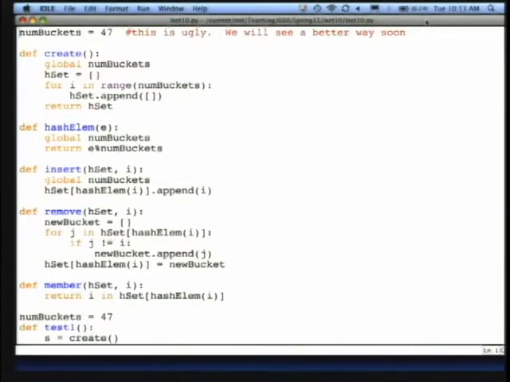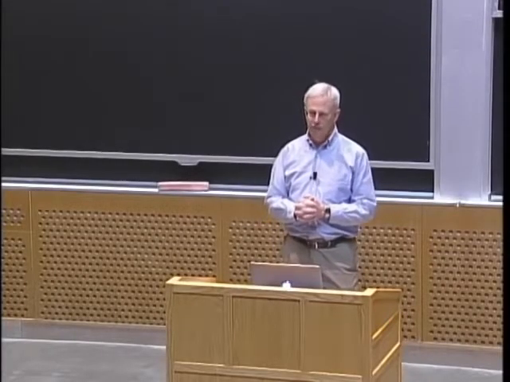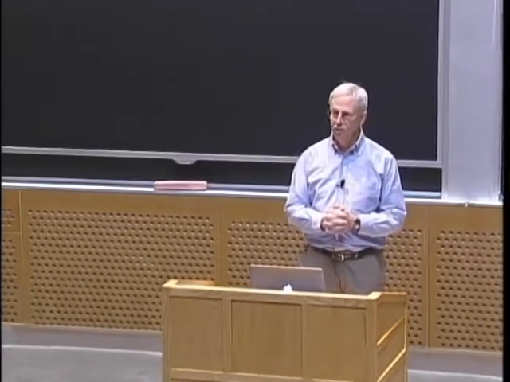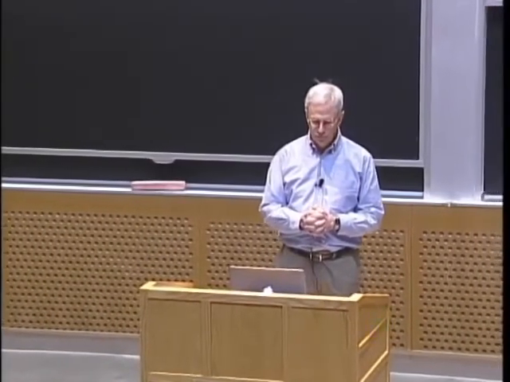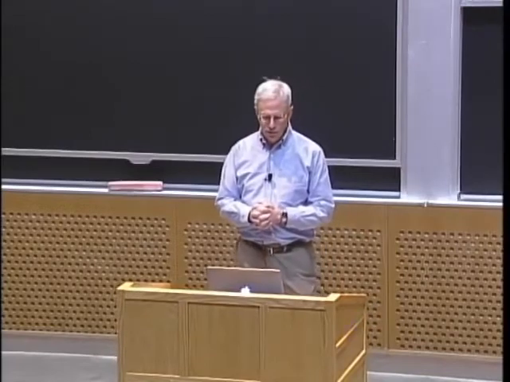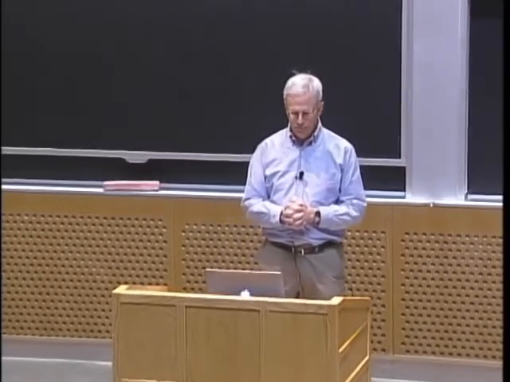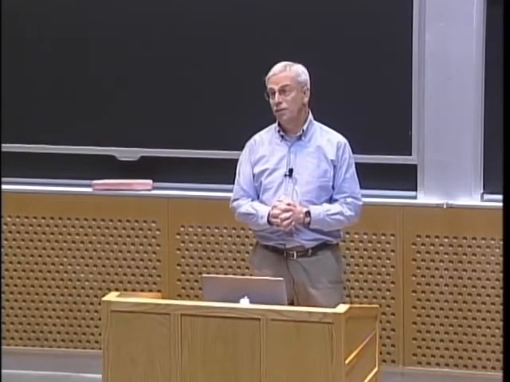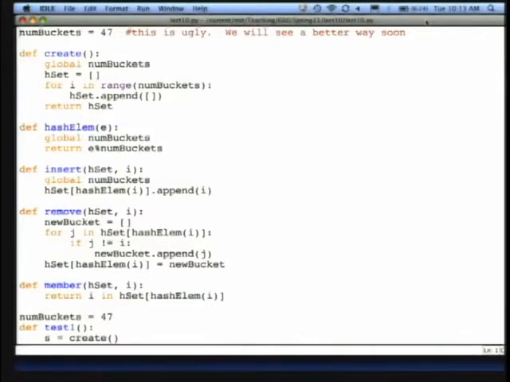When I want to insert an element in the set, I'll call the function insert, which will hash the element. Doesn't actually even need to use the global num buckets in this case, in fact. And then append it to the correct list.